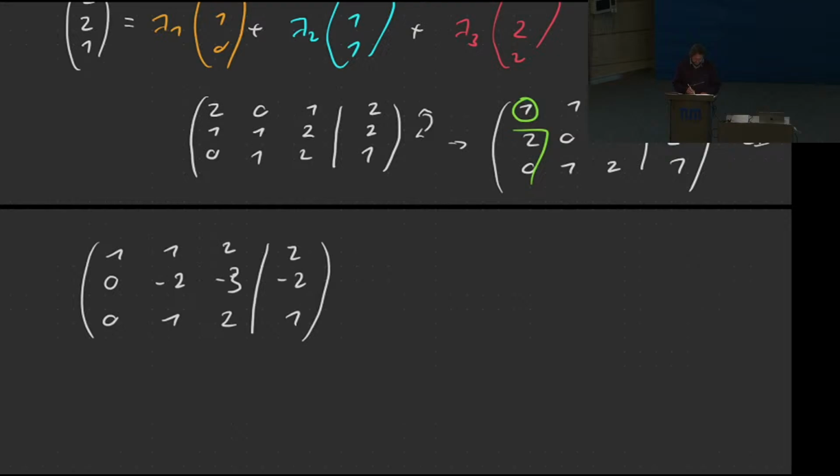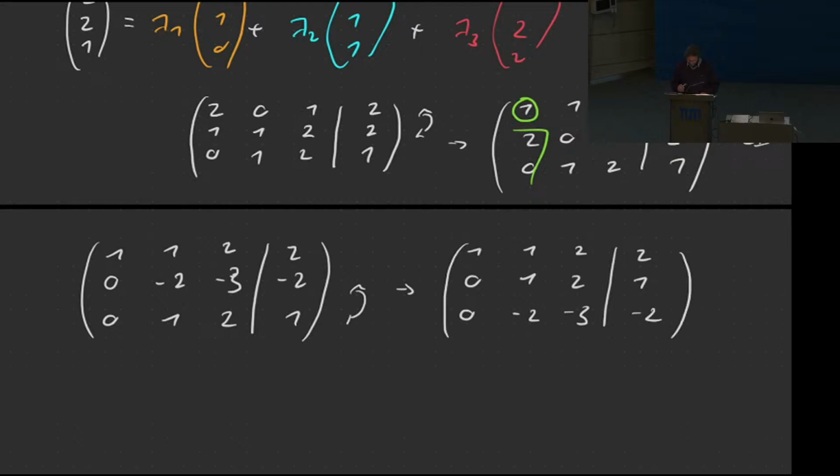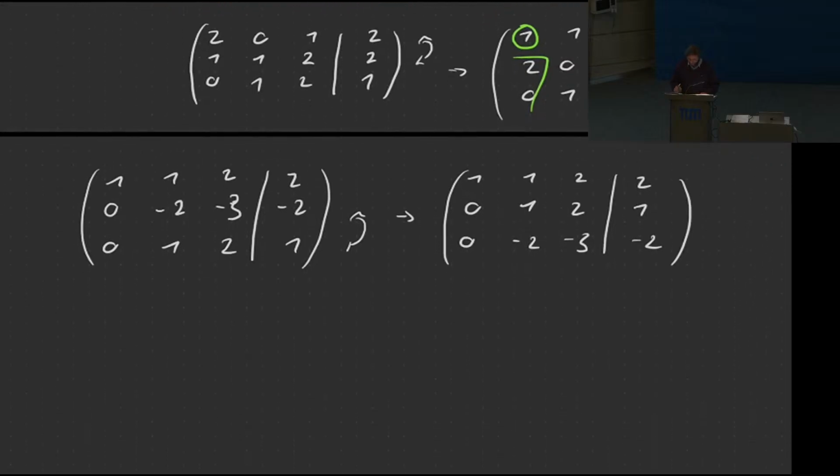All right, now I'll have to select one of these two as my new pivot element, and I'd rather have the 1 again, so let me first swap those two lines. Copy the first row. I'll take the third row into the second one, and I'll take the second row into the third one. And now I can just add 2 times the second row to the third.